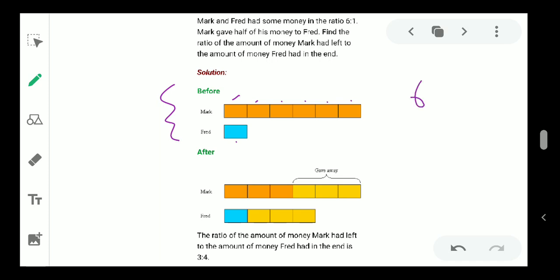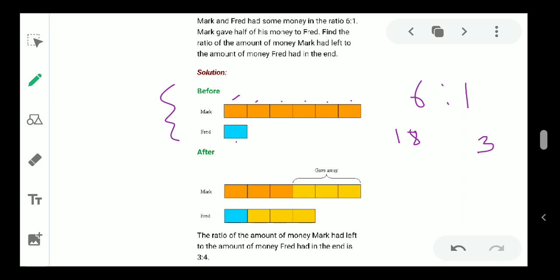The ratio 6:1 does not tell me that Mark has 6 rupees and Fred has 1. No, it may be different also. Let's say Mark has 18 rupees and Fred has 3, it can also be possible. All the equivalent ratios can be possible.